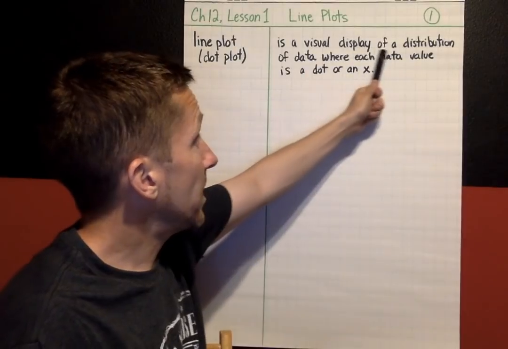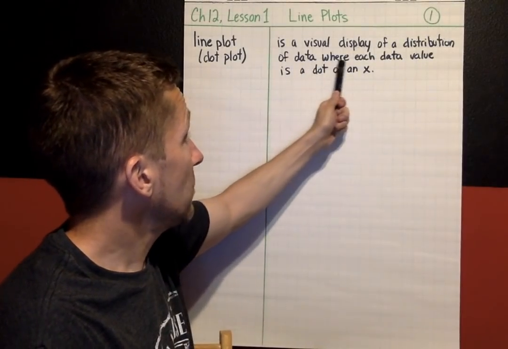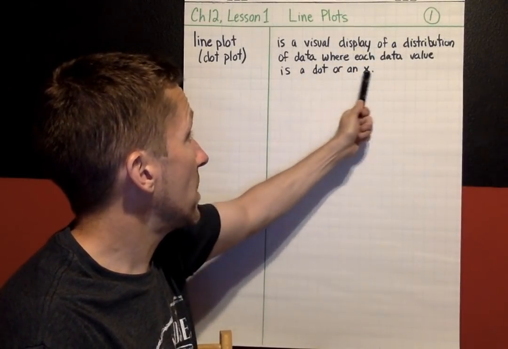It's a visual display of a distribution of data where each data value is a dot or an X.